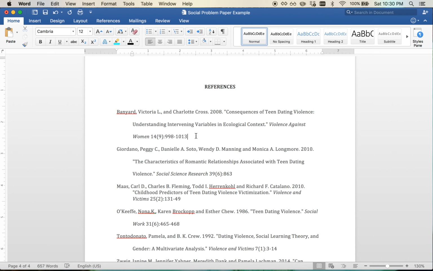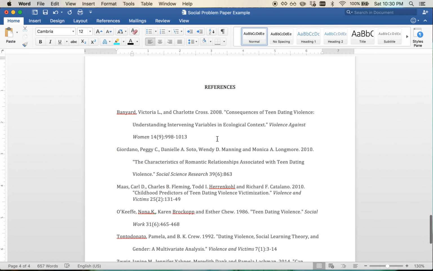I want you also to notice that I don't include a URL or DOI number or anything else in my citation. My reference ends with the page range. So this is the last bit of information I include in any given reference, is the page numbers of the article.